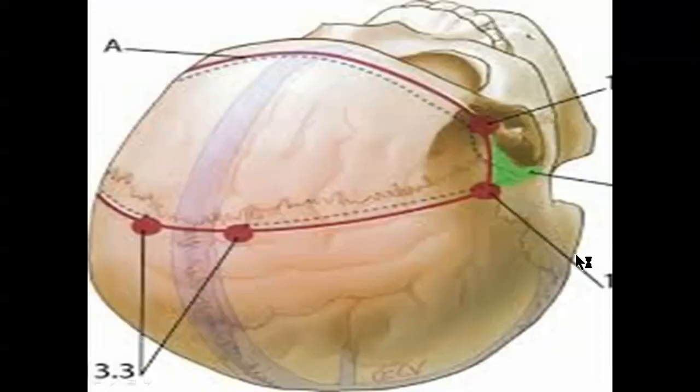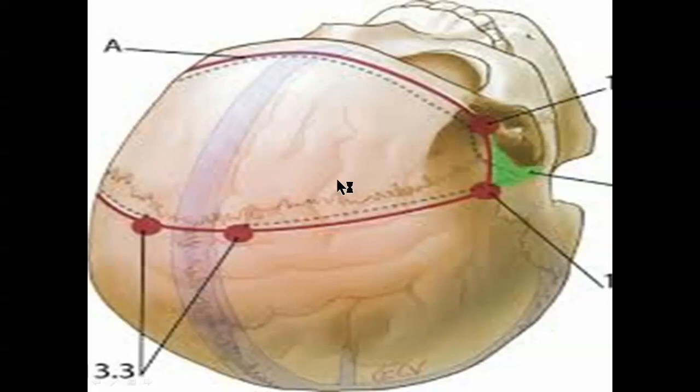Again, here we can see the coronal suture, and over here the superior sagittal sinus going posteriorly, and here the skin incision, and here we have done the bony craniotomy. We have done the craniotomy, and hence this will be a craniectomy because we will remove this bony flap.